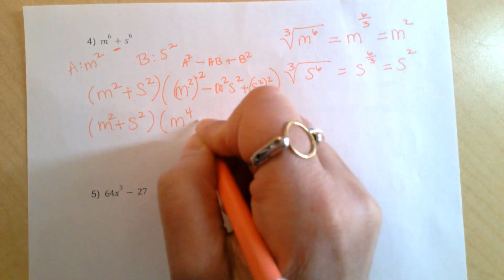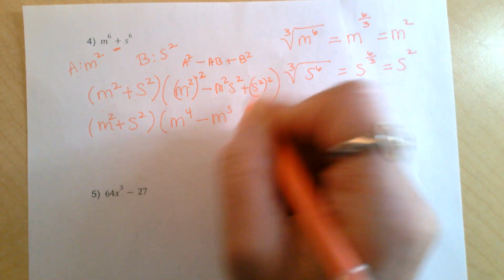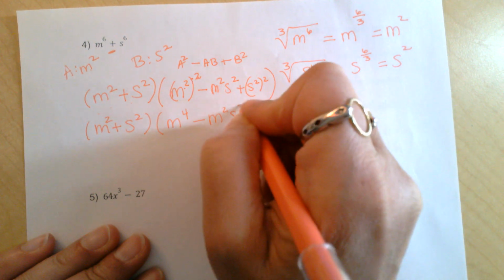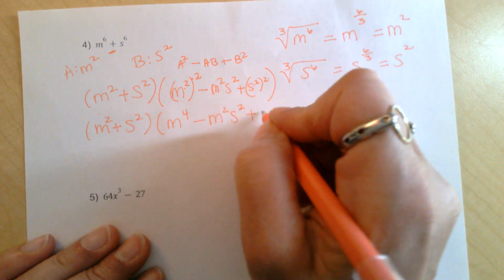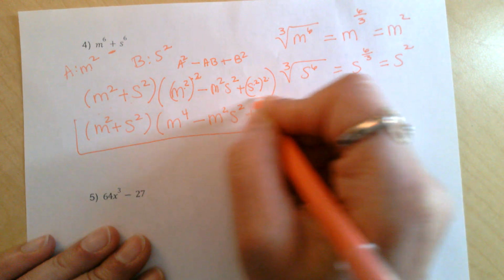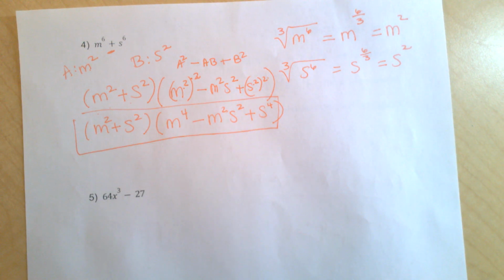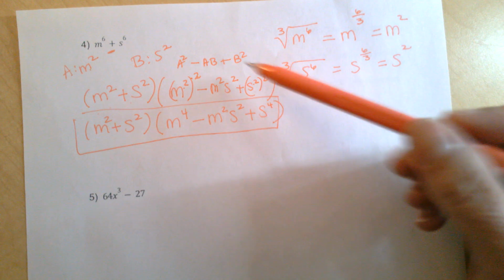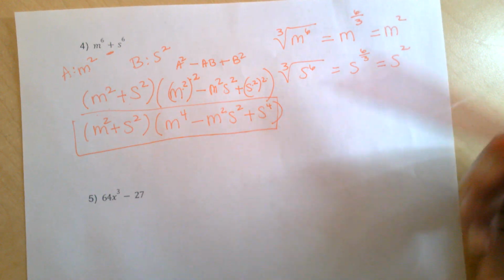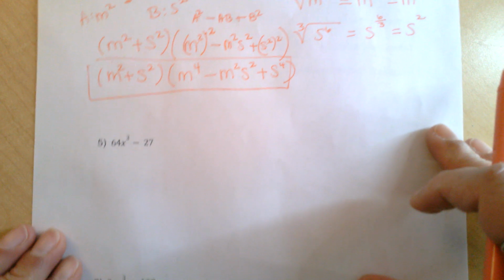That's m to the 4th minus m squared s squared plus, we multiply them, s to the 4th. And this is our answer. So you just have to be careful when you're squaring the a and b here. You might have to do a little bit extra.